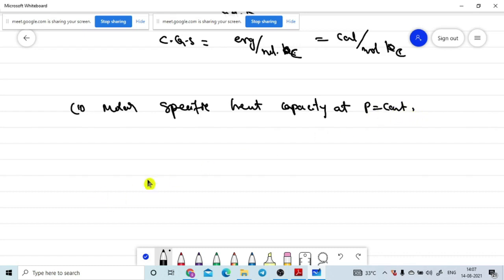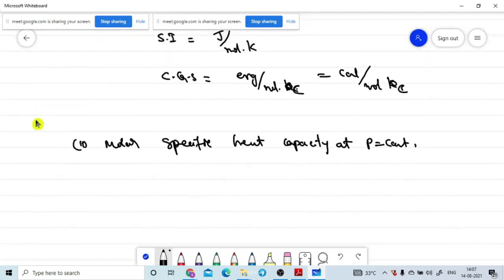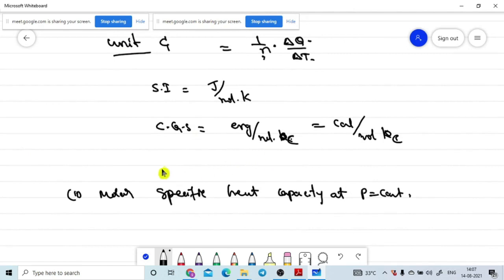Let me go to the dimensional formula. It will just have mole inverse compared to the previous formula. Let me finish the dimensional formula for the molar specific heat capacity.